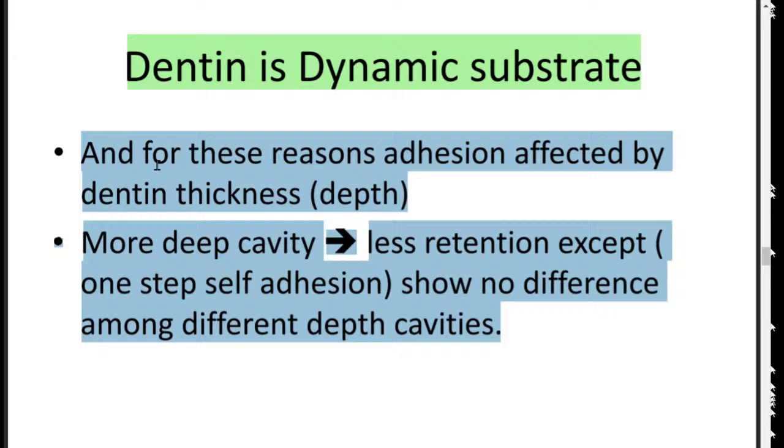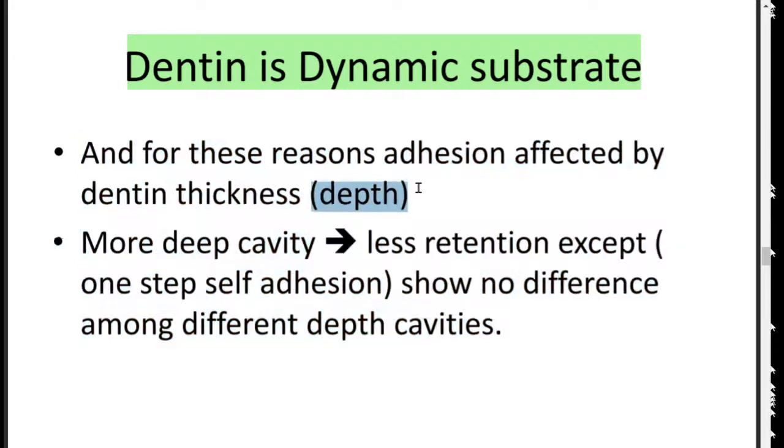As the dentin is a dynamic substrate, for these reasons the adhesion is affected by dentin thickness and depth, and it must have a small depth and thickness in this case.